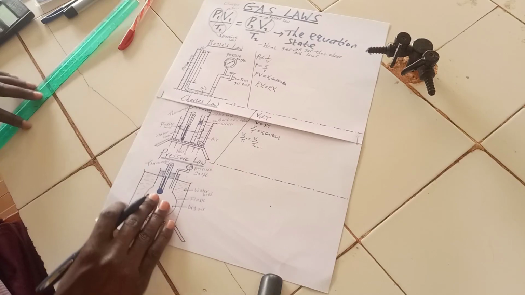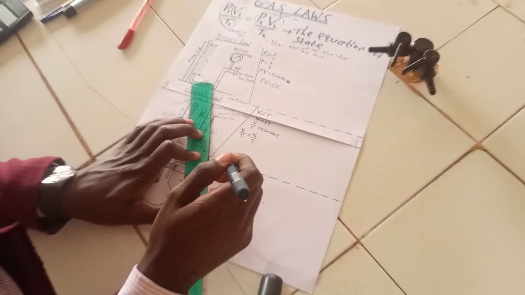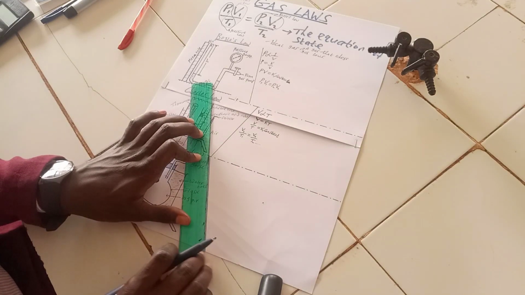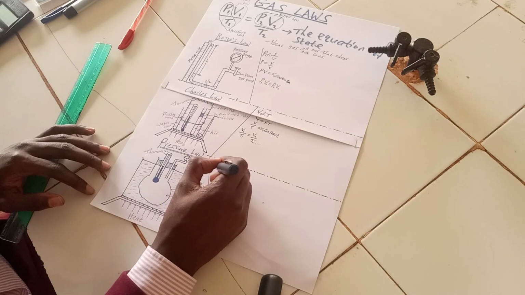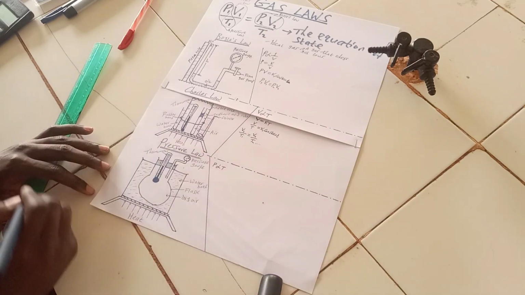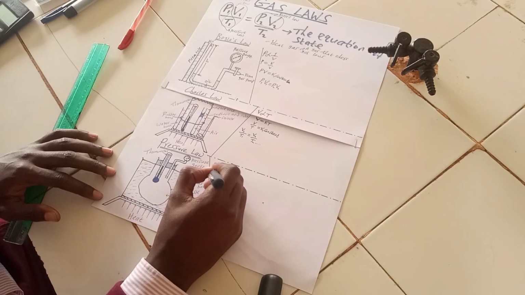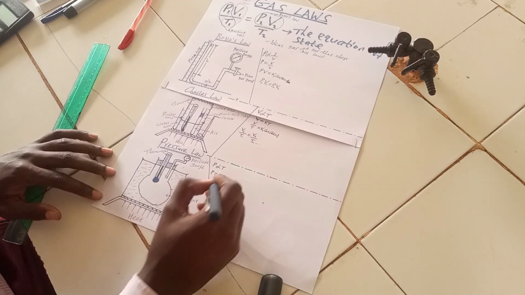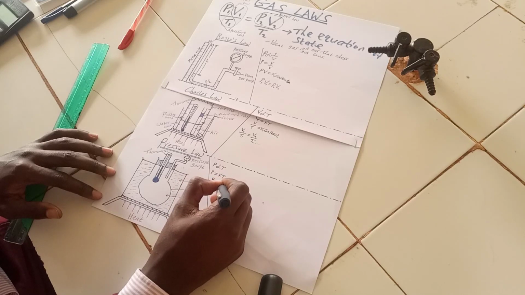So essentially this means that pressure is directly proportional to temperature when volume is constant. And that means pressure is equal to kT. If you divide by T both sides, pressure all over temperature is a constant.